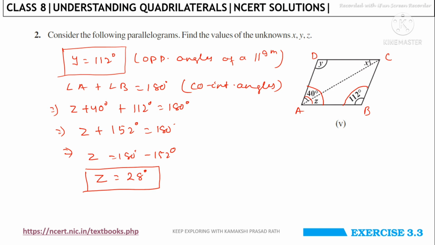Only the thing left out is X. If you consider this one, DC is parallel to AB.